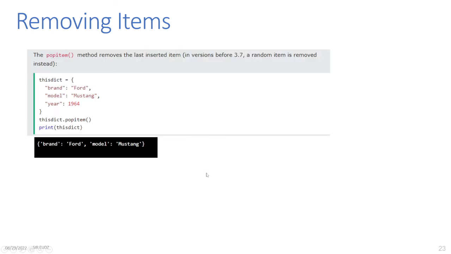Removing items, popitem. The popitem method removes the last inserted item. In versions before 3.7, a random item is removed. That is because the dictionary before 3.7 is unordered. But now it is ordered, so it removes the last inserted item.